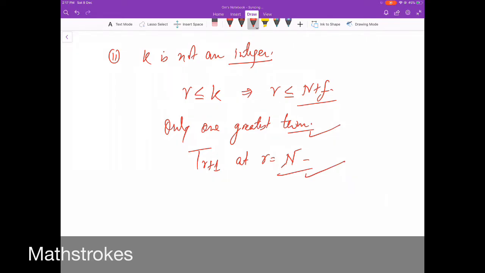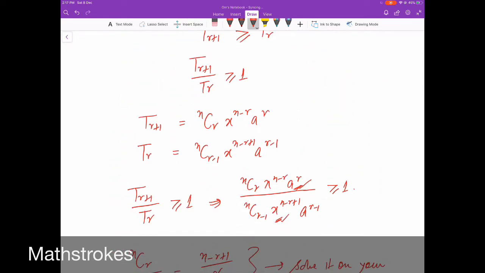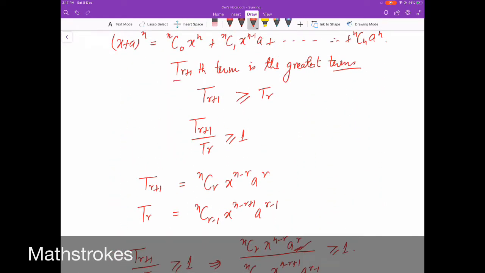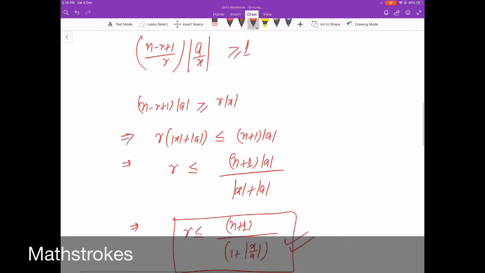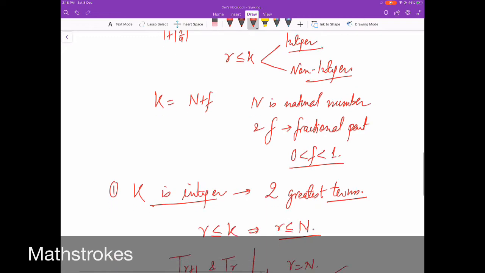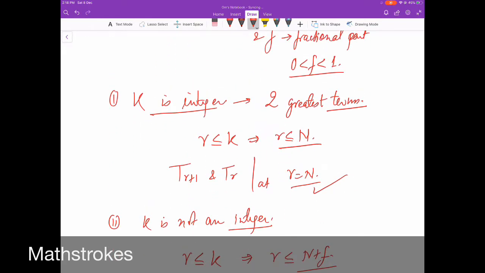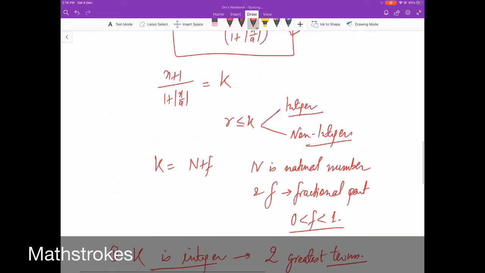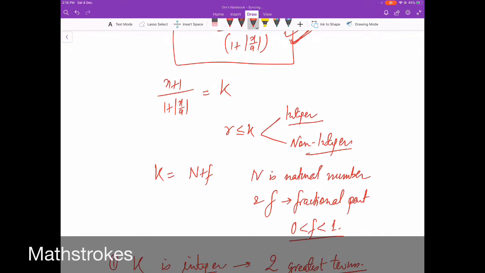So what we have done is we have assumed that the (r+1)th term is the greatest term, and then we have exploited this relation to find the value of r, or actually some bounds on r. After we have found the value of r, I have to analyze whether the number written on this right side, which we have called k, is an integer or non-integer.